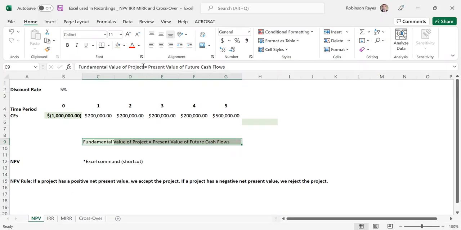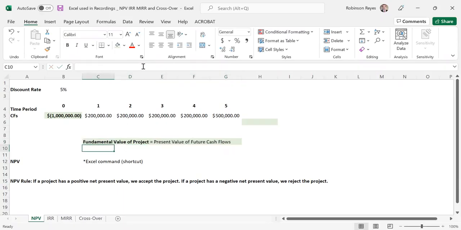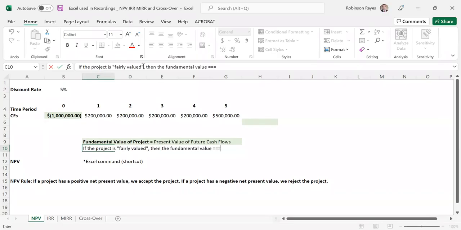So that's what we could call the fundamental value of the project. And then if the project is fairly valued, then the fundamental value converges with price.